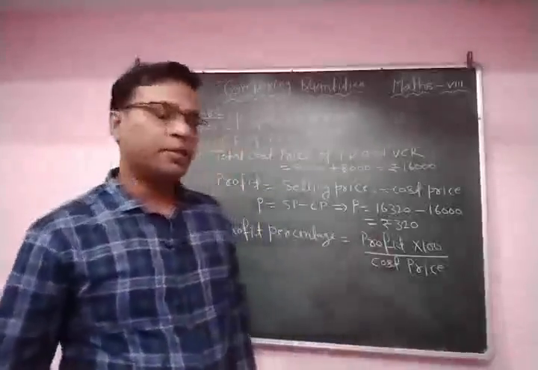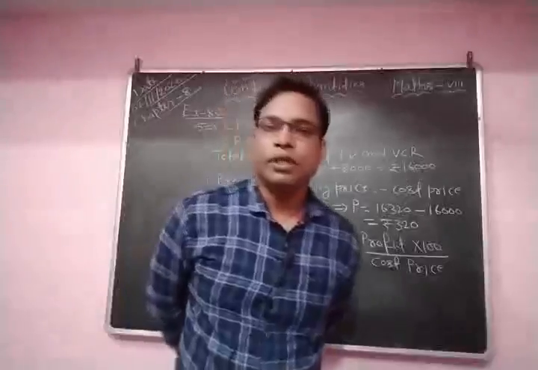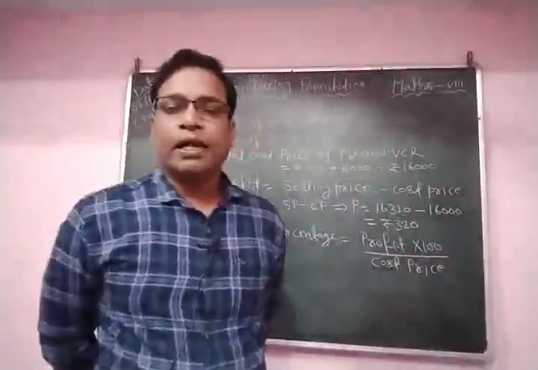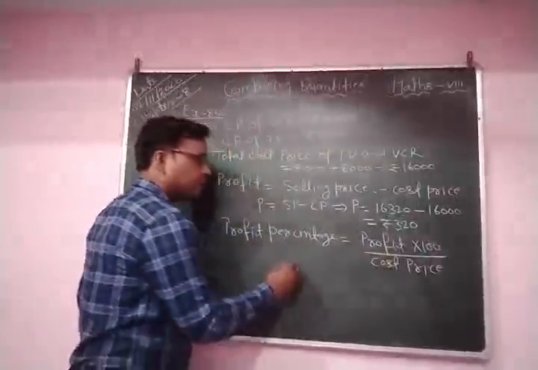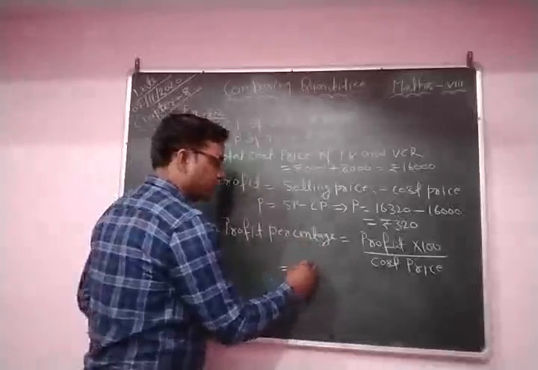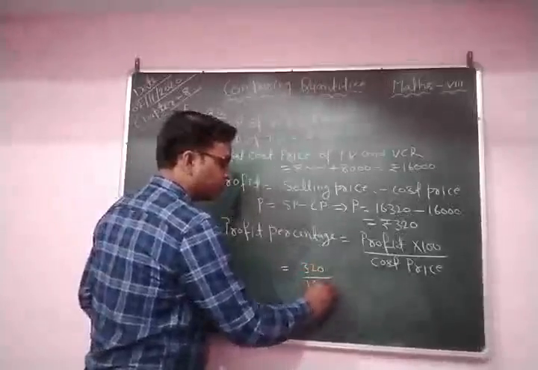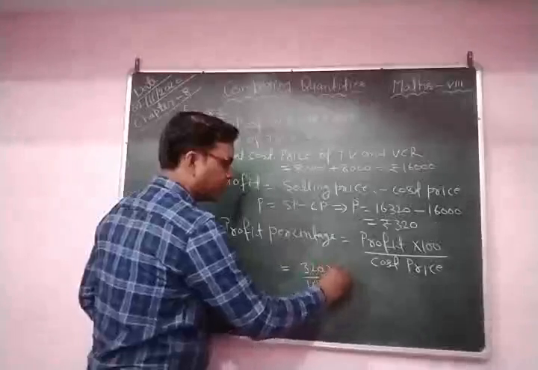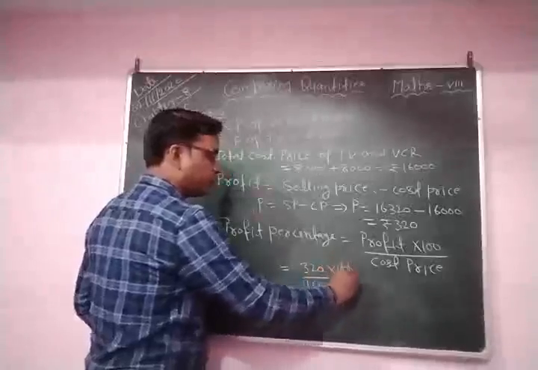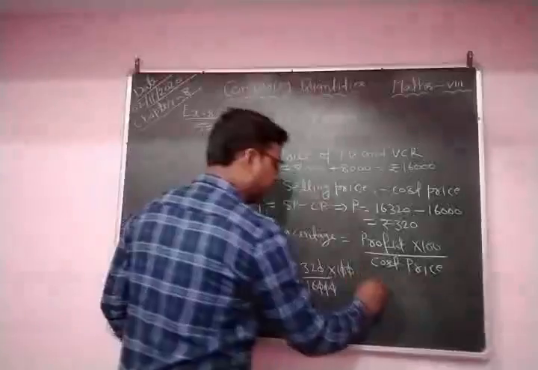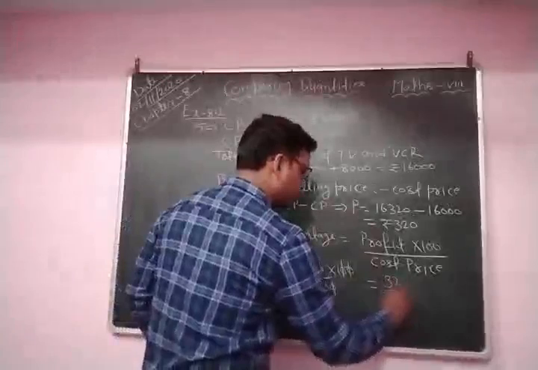Okay, so your profit is 320 rupees. So in this question, we write here profit is equal to rupees 320 into 100 over the cost price 16,000. Okay, so you can cancel it, then you obtain here 32 by 16.